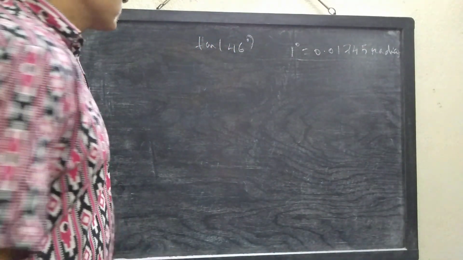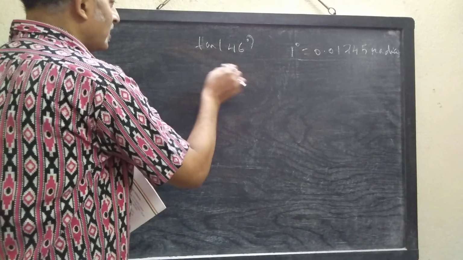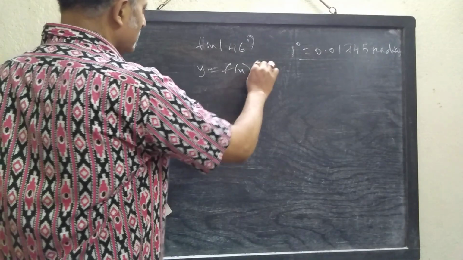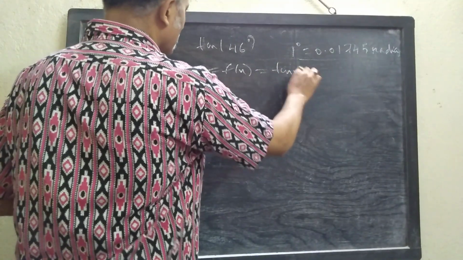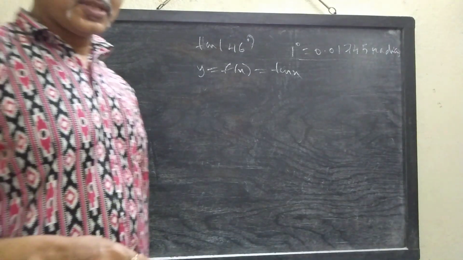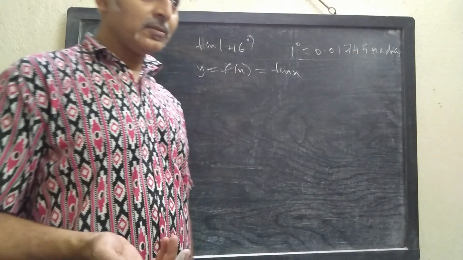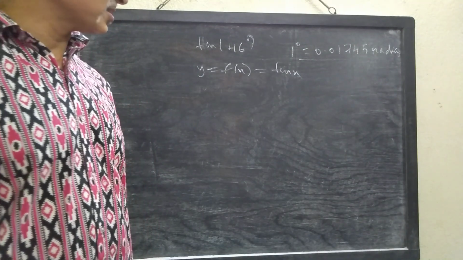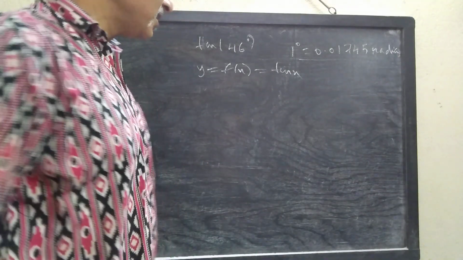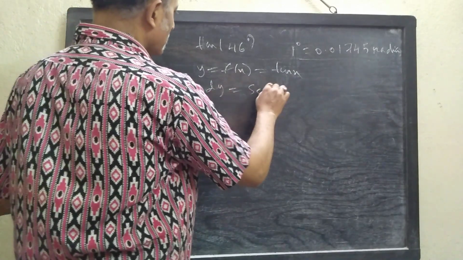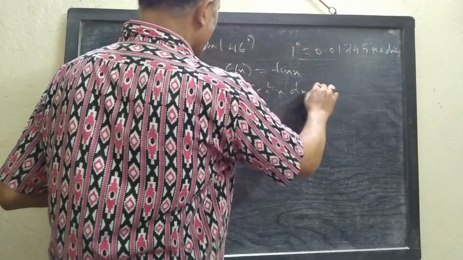Okay. So here let us consider the function y equals f(x) equals tan x. You know in calculus all the trigonometric ratios are calculated on the radian angle, that is circular measure. So here obviously x is in radian. So your dy will be sec square x dx.